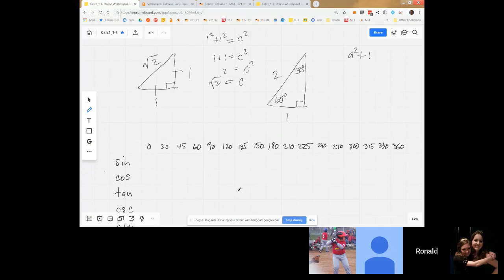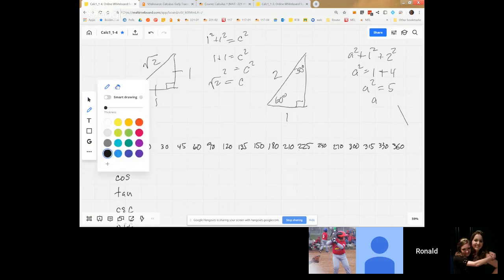we can figure out again using the Pythagorean theorem. This is supposed to be plus 4. Hang on a minute, I got some sloppy work being done here.